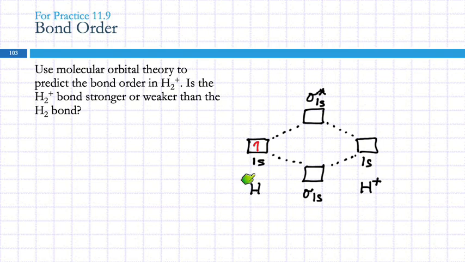So I look at my atomic orbitals, and how many electrons do I have? Well, I only have 1. So I have 1 electron to put in the middle here, in the molecular orbitals. Well, it's going to go in the bottom, right? This is atomic orbital, molecular orbitals, atomic orbitals.